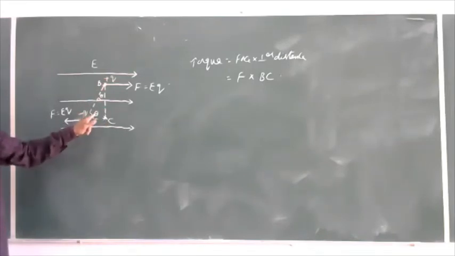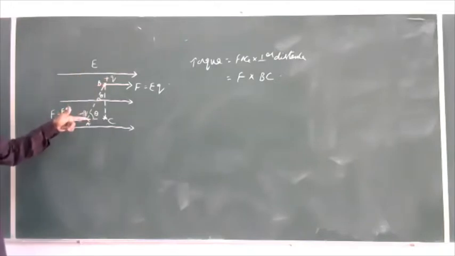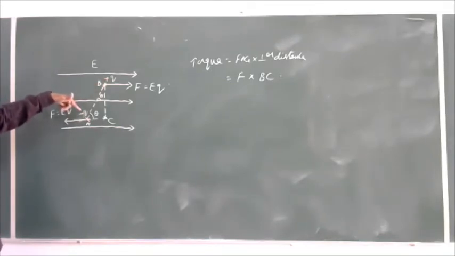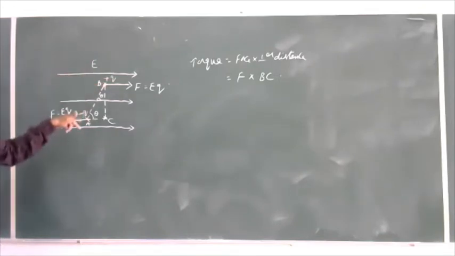BC is the opposite side of this angle. We know the hypotenuse. How do you know the hypotenuse? Hypotenuse is nothing but the length of the dipole, the distance between minus q and plus q. That only we call the length of a dipole.